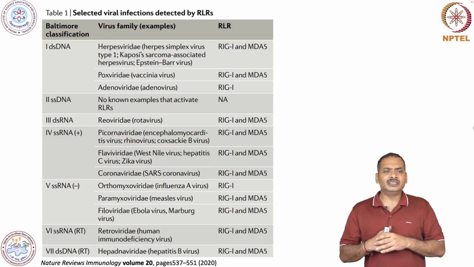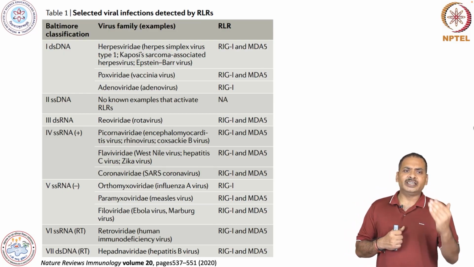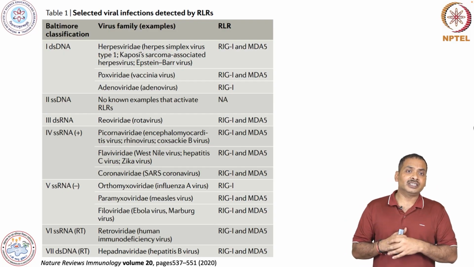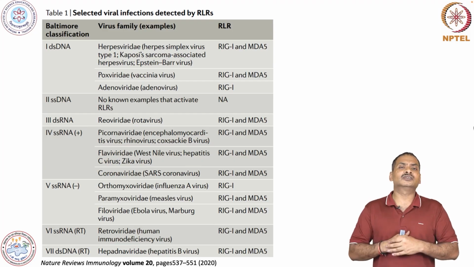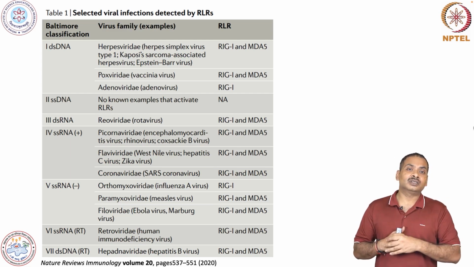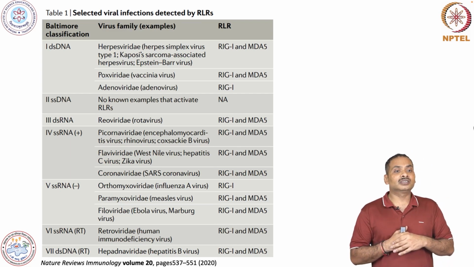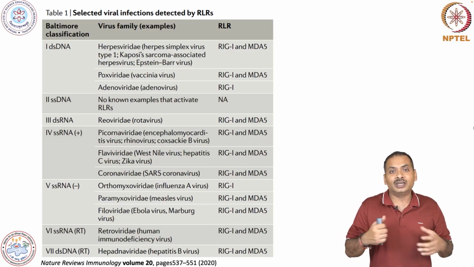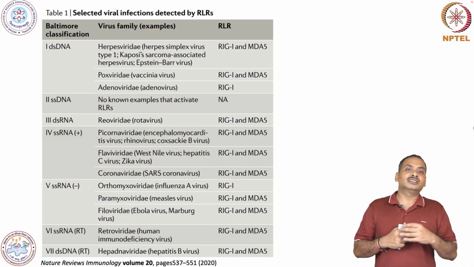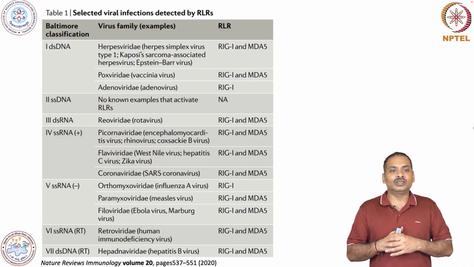So, as you can see in this Baltimore classification, RIG-I and MDA5 can recognize all kinds of viruses, except that the RLR sensors do not recognize, or it is not known at the moment that they recognize, some single stranded DNA viruses. Okay. So, we are not aware.